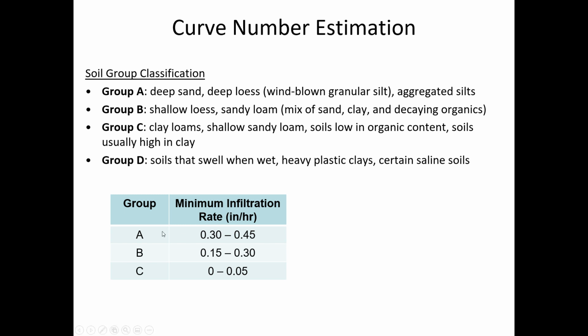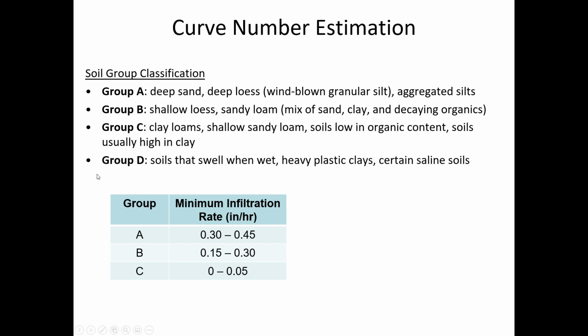So think about a loose sandy soil, maybe would have a gravity-driven drainage of 0.3 to 0.45 inches per hour. A soil that is clay would have a minimum infiltration rate of 0 to 0.05 inches per hour. And then in between would be sandy loams, decaying organics, and so in the middle a little bit.